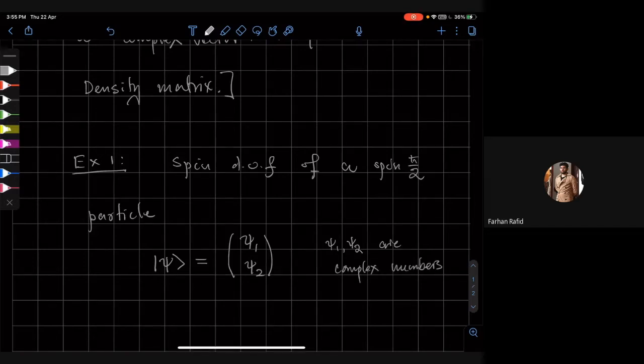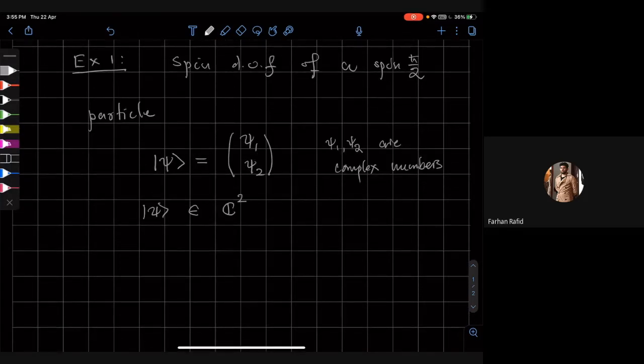Right? So I can say that psi is an element of the vector space C2. Okay? So that is, say, one example of a state vector.